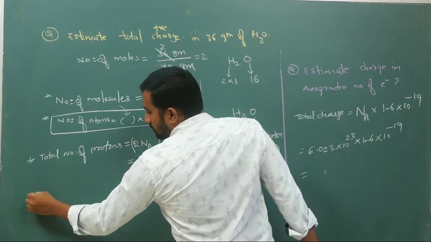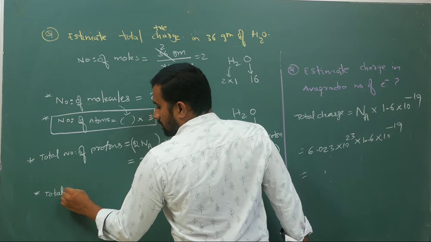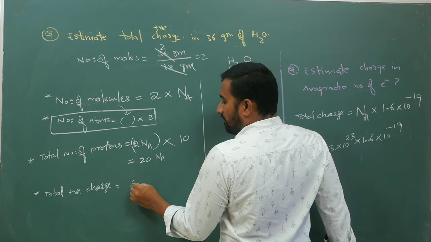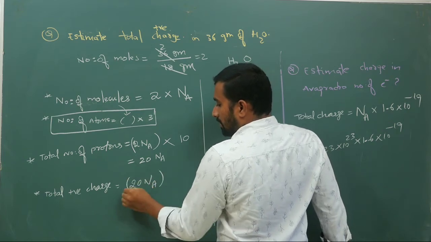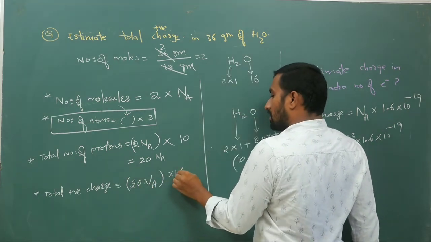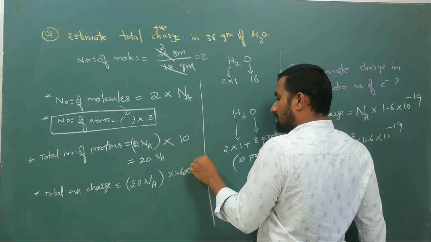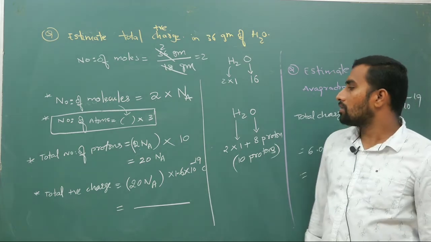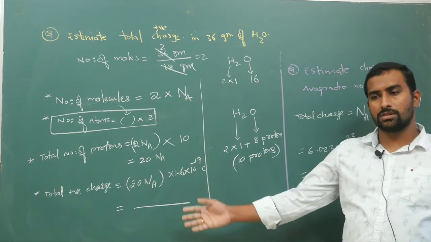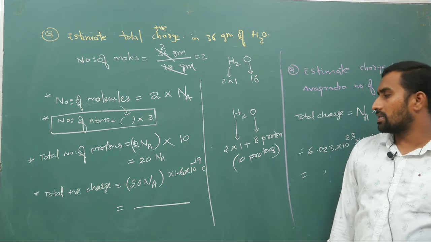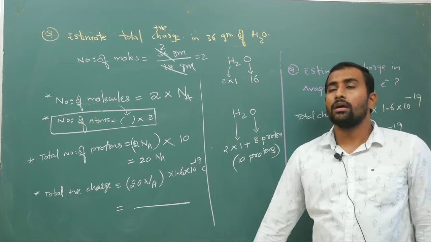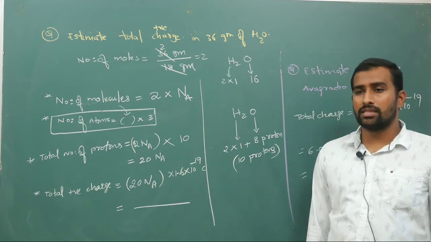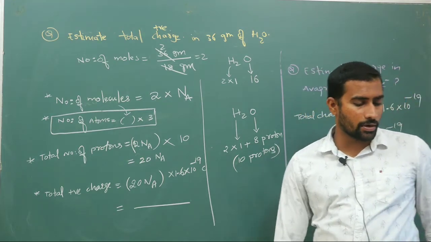Your total positive charge is total number of protons, 20 Na, into charge of each proton, 1.6 into 10 power minus 19 coulombs. So that will give you the total charge. Don't substitute Na, it is 6.023 into 10 power 23, it's just Avogadro number. Okay, so this is your basic idea regarding quantization of charge. This is your third property.